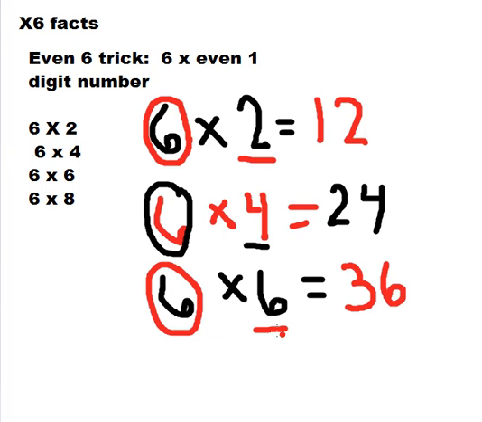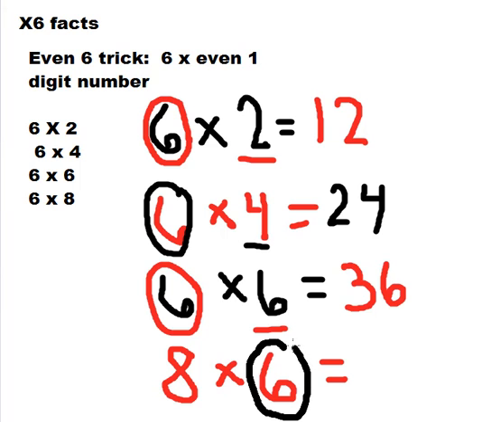Let's go ahead and do 6 times 8. We'll write it as 8 times 6. It doesn't matter. 8 times 6. Going to get our black. And again, this is where it's important so I don't get confused. I mark that I am not doing an 8 trick.